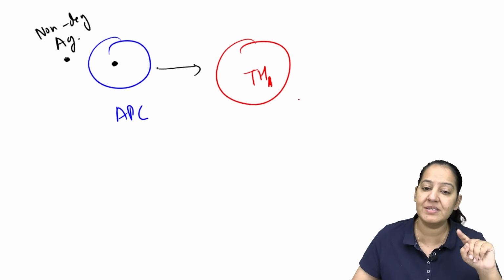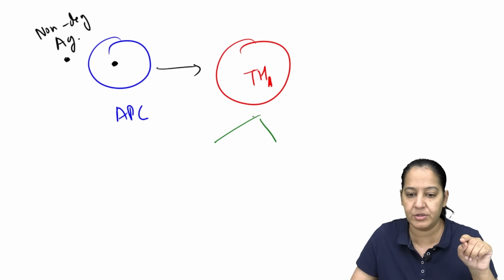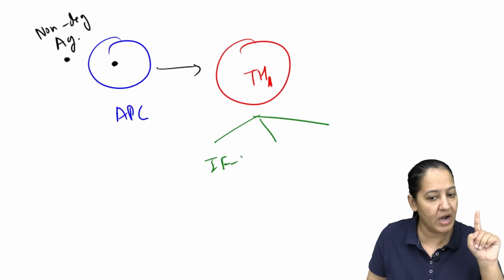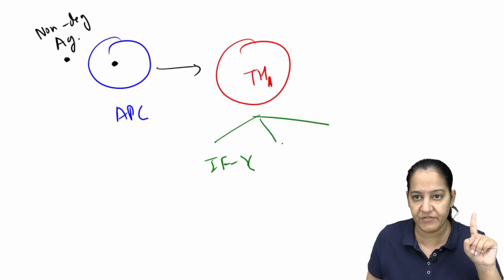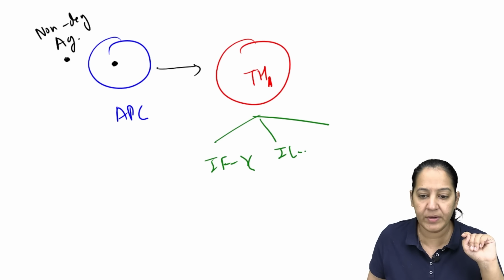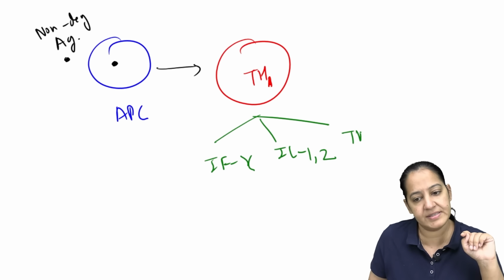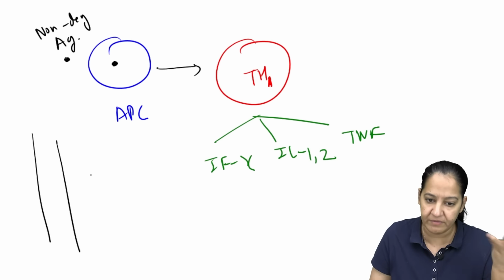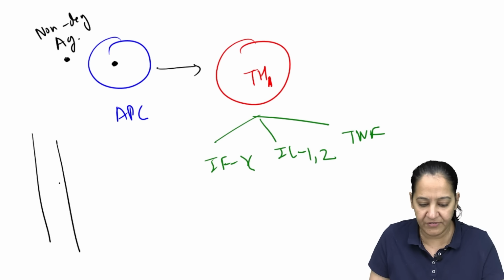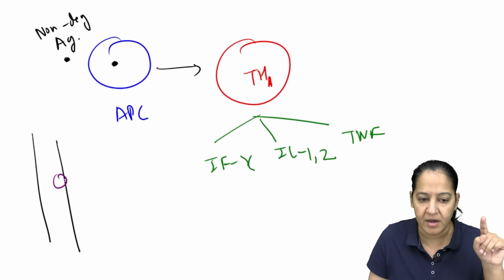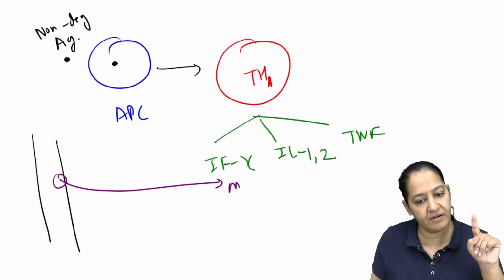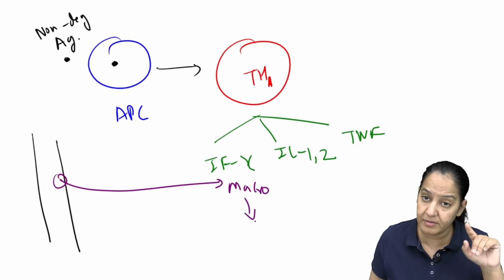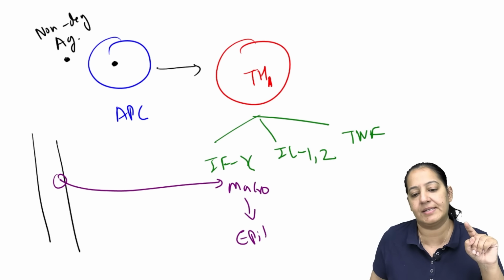The helper Th1 cell will secrete 3 cytokines. The first is interferon gamma. The second is interleukin 1 and 2. And third is TNF. They will take cells out from the blood. Interferon gamma will take the monocytes out and convert them into macrophages, and they will modify the macrophages into epithelioid cells.